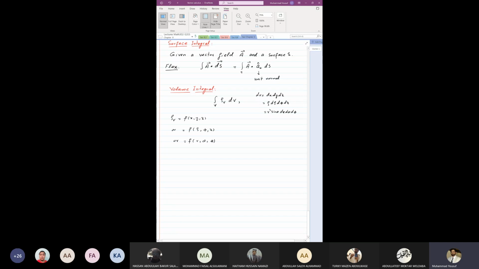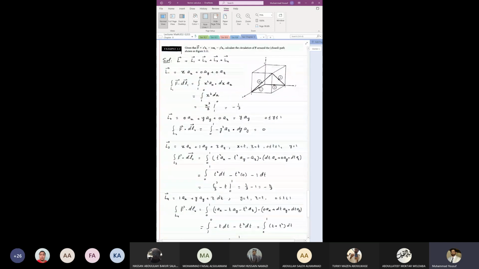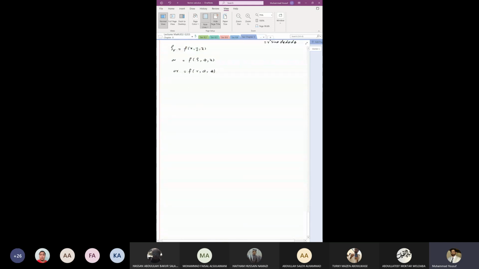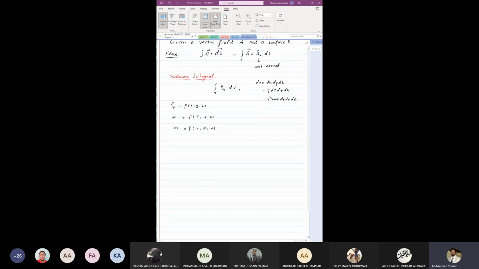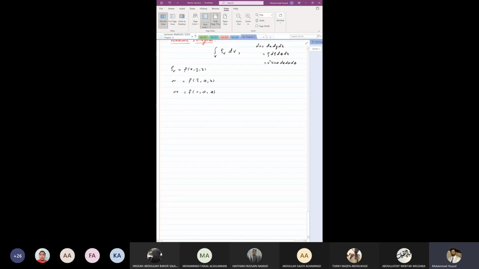So it depends. Or maybe it is a figure, and from the figure we need to write what this rho v is. We will see this in more detail, like we have seen with the line integral, and I need to search for the particular questions in the exercise or practice exercise about surface integral and volume integral, and then I will solve those questions for you to make this idea even more clear.